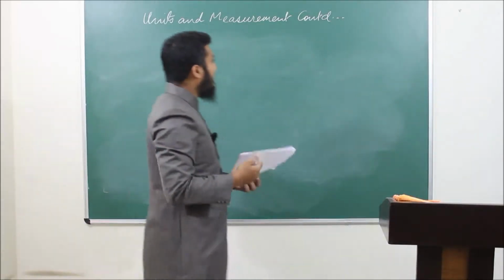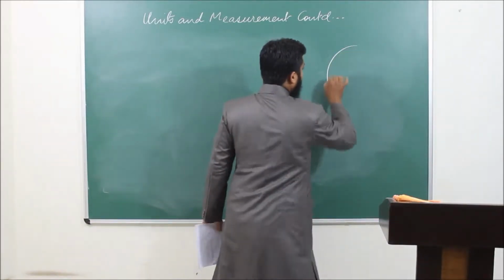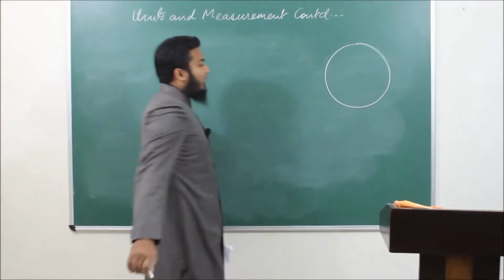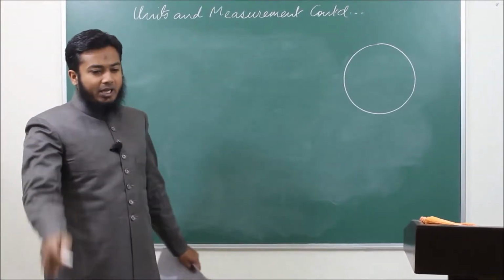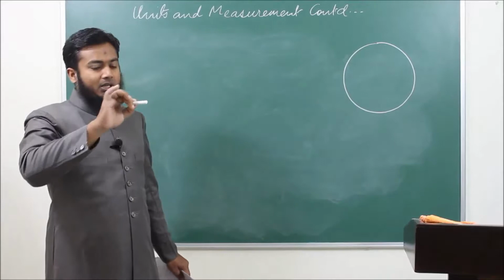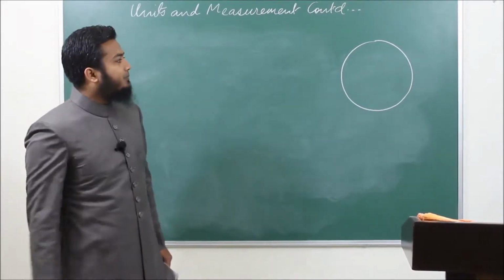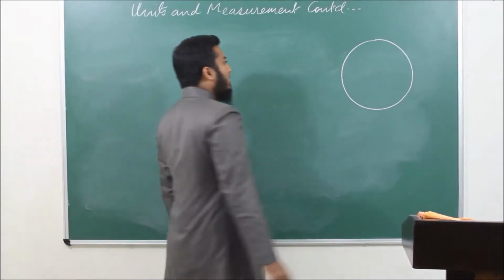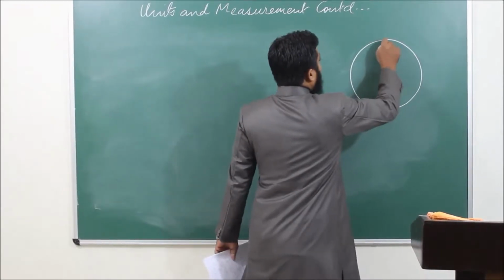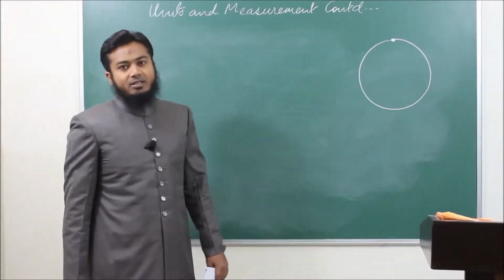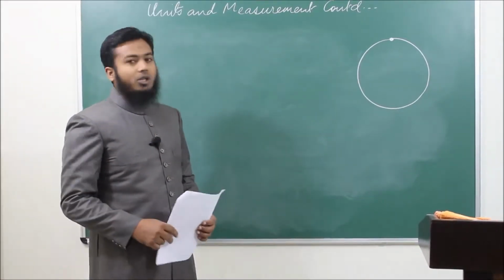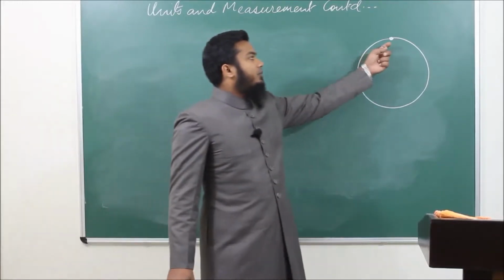So the next example that we can look at is circular motion. When an object moves on a circle, this is called circular motion. In circular motion, let's try to calculate a formula for the force on an object moving on a circle.